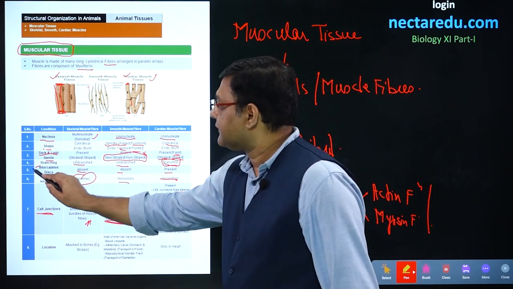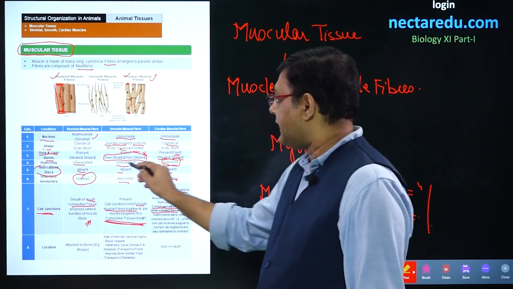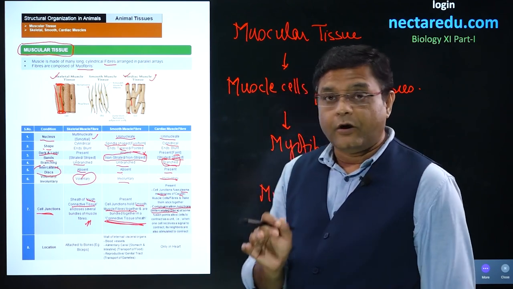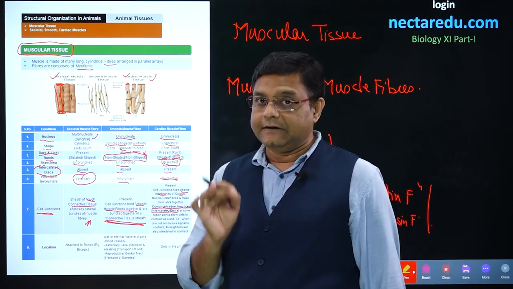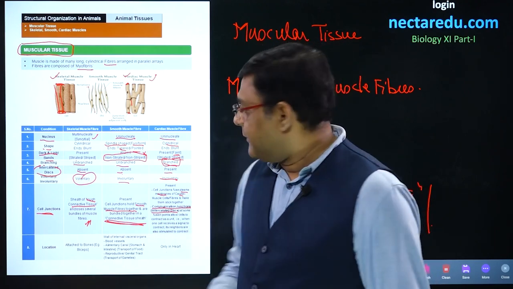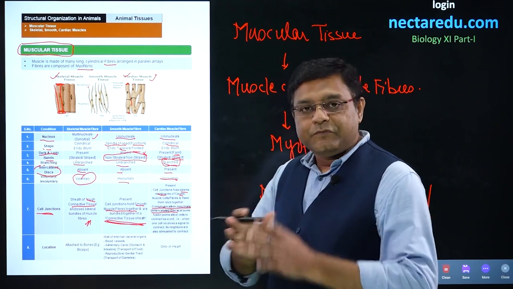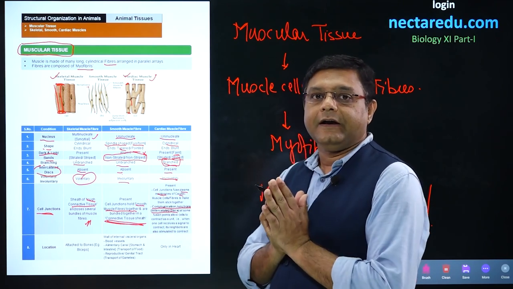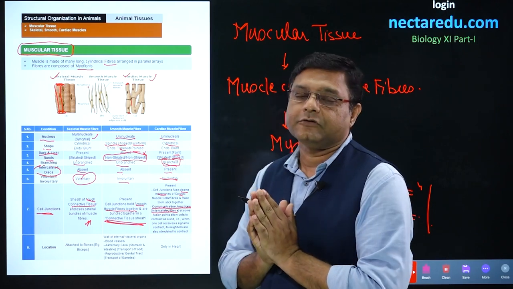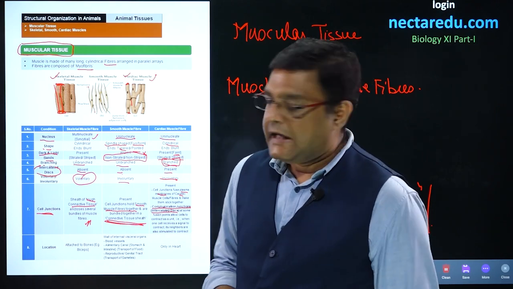These are the same intercalated discs that we were talking about. Due to these intercalated discs, any impulse which comes to one cardiac cell spreads out to all cardiac cells, and that is the function of these communication junctions, or intercalated discs.